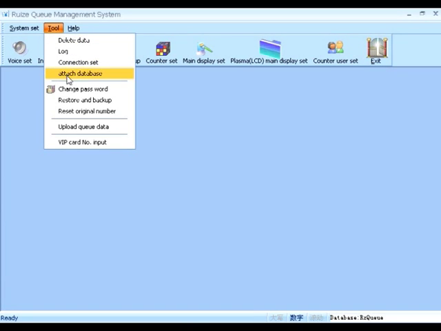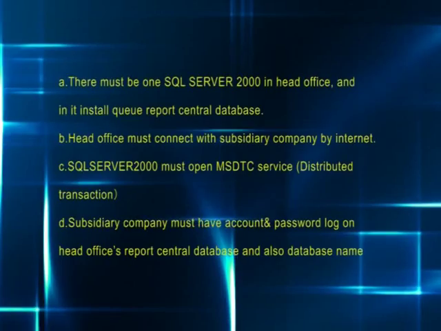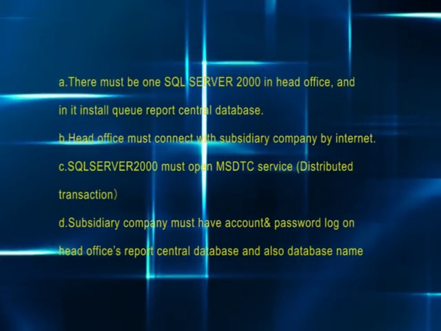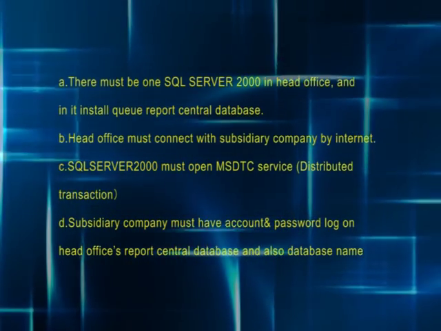Upload queue data. In order for the head office to view and analyze queue data from the subsidiary company, you must use this function, and the following conditions are necessary. A. There must be one SQL Server 2000 in the head office, with a store queue report central database.